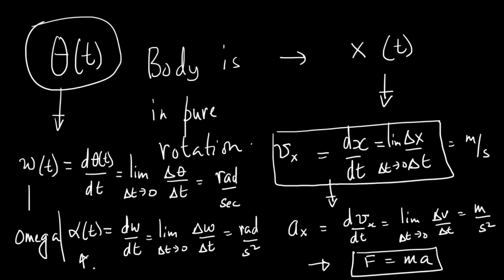So alpha is rotational acceleration. I don't know what's the correct word. Usually, you just call alpha d omega by dt. That's the way people talk about it. Alpha is the rate of change of angular velocity. So rotational acceleration.